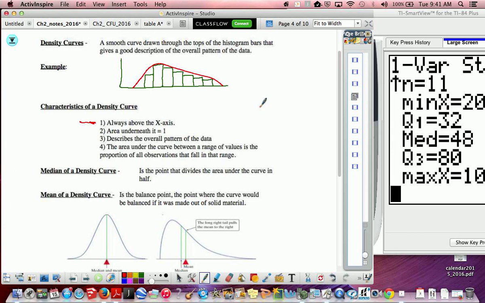So all the values are above the x-axis. Our area underneath the density curve is equal to 1. So if this is my density curve, this area underneath will add up to 1, or sometimes we'll refer to it as 100% of the scores.